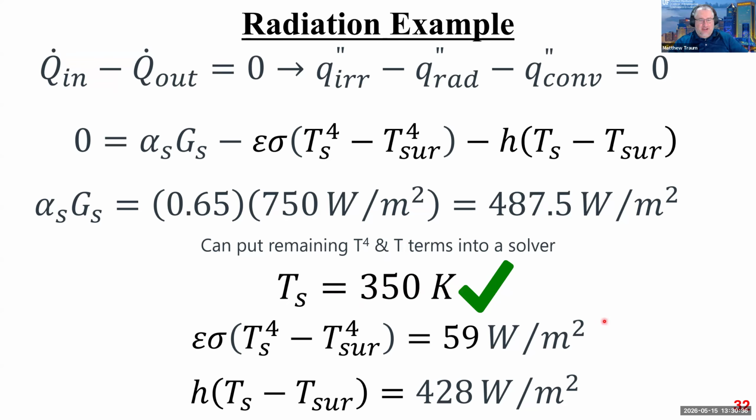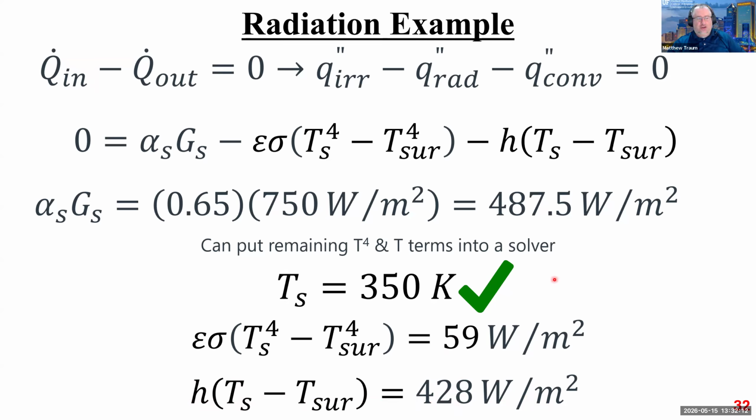This h is my heat transfer coefficient, convection coefficient, that I know. I know T surface, I know T surroundings. Calculated 428 watts per meter squared. This is the convective heat transfer, right? Again, the roof is hotter than the surroundings, so this is going to be heat transfer away. We actually have three different heat transfer modes here.